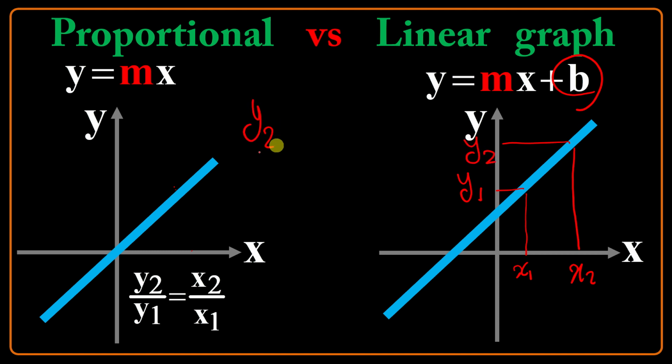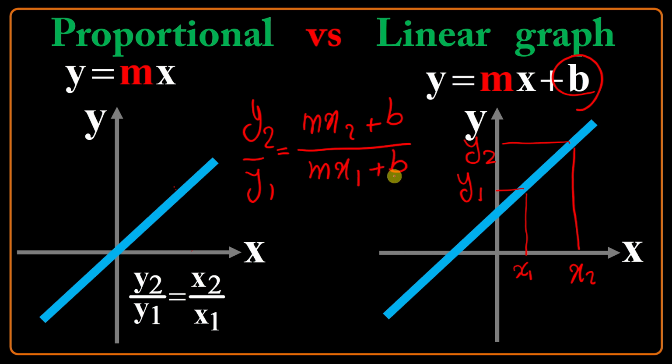Here y2 over y1 will be mx2 plus b and mx1 plus b downstairs. Unfortunately, I cannot forget about m. Here, m is something to be regarded because of the b. So here, I cannot write y2 over y1 is equal to x2 over x1. This is something not possible for the case.